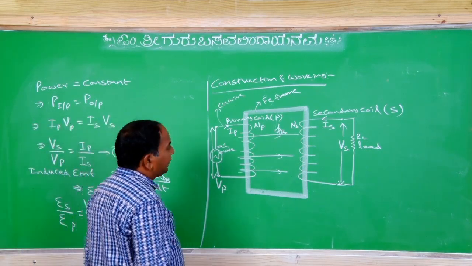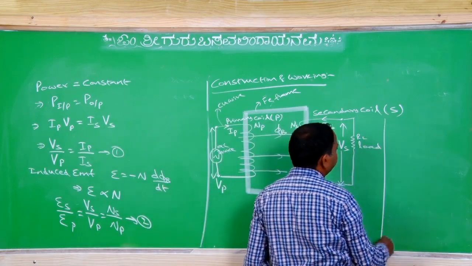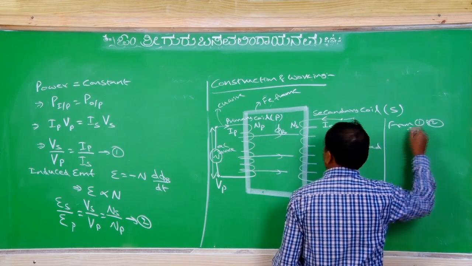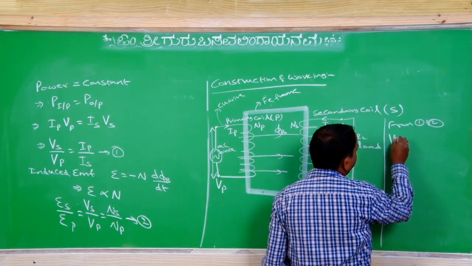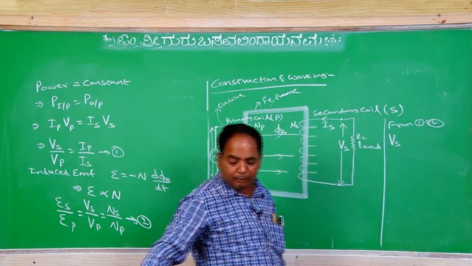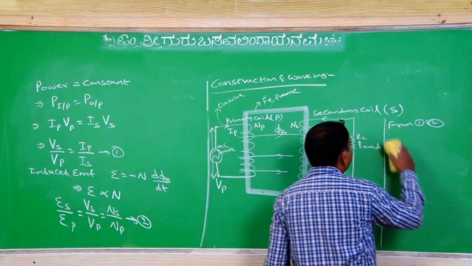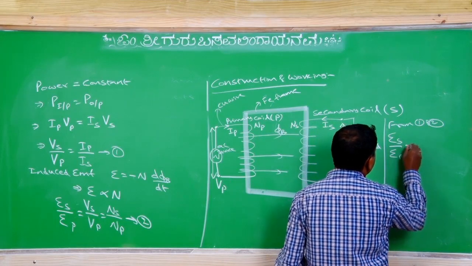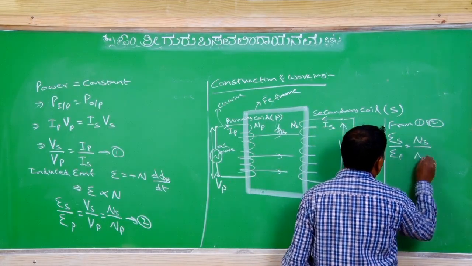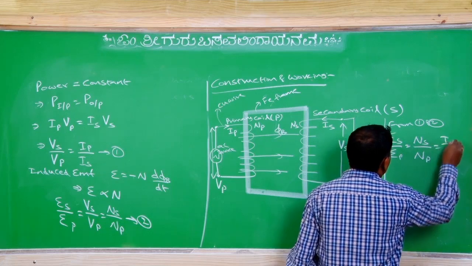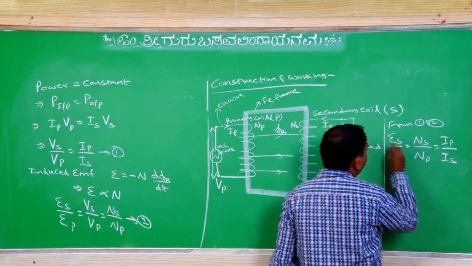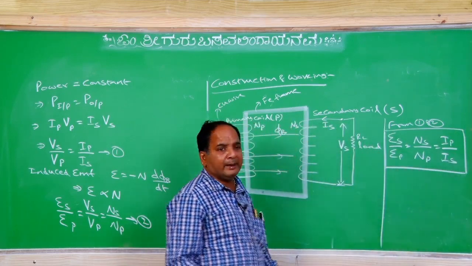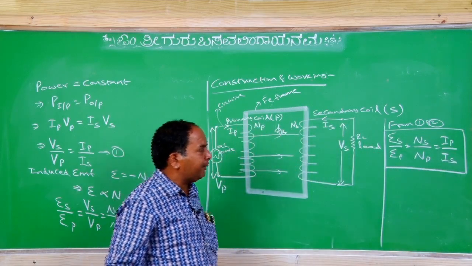By using equations 1 and 2, we may write Vs by Vp, or you may write Es by Ep, is equal to Ns by Np, which is equal to Ip by Is. So Es by Ep is equal to Ns by Np is equal to Ip by Is.